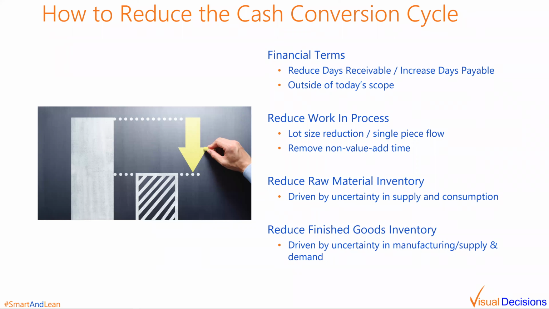Primary among those are reducing the lot size and ideally achieving single piece flow within our operations, but also removing the non-value add time. So the time in between operations, the time that our work in process material gets stored, transportation time, things like that. From a raw material inventory perspective and finished goods inventory, those are really driven by a couple of different things. One is kind of the cycle time for deliveries, one from suppliers into production and then from production into finished goods.